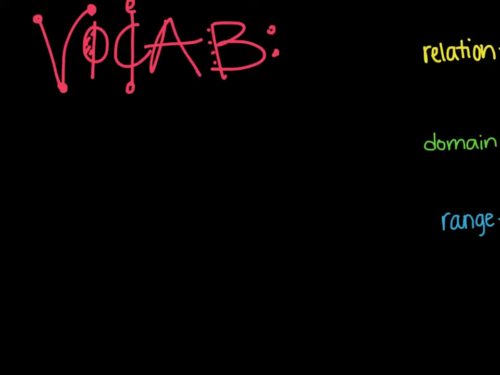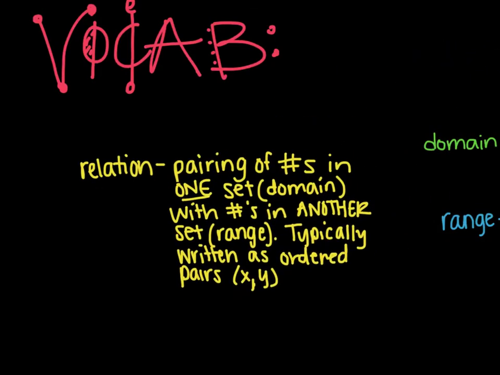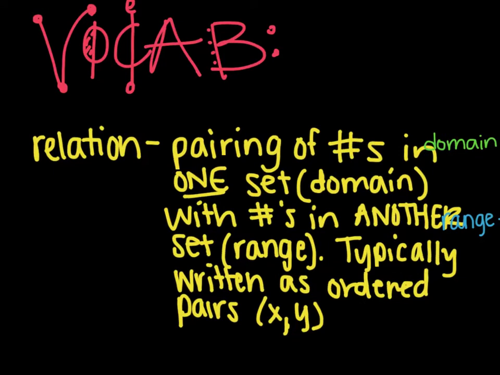Before we start doing math, we have to know some terms, some vocabulary. The first one, a relation, is a pairing of numbers in one set, the domain, with numbers in another set, which is the range. Typically, it is written as ordered pairs, x and y.